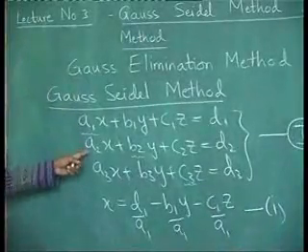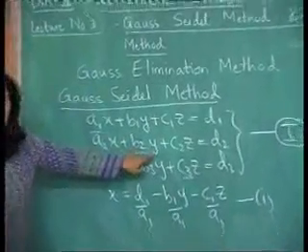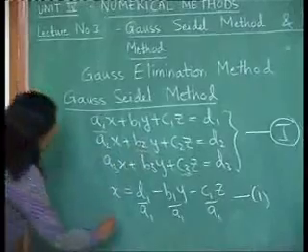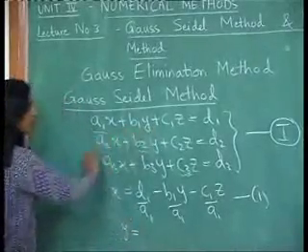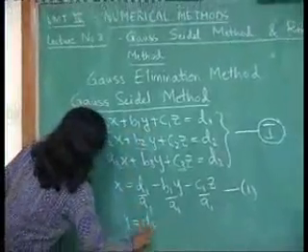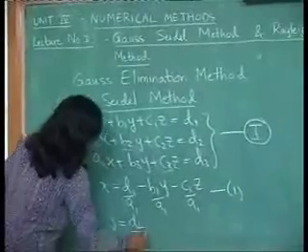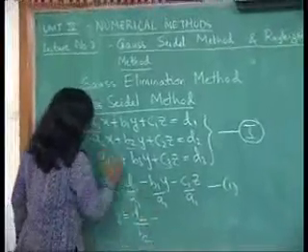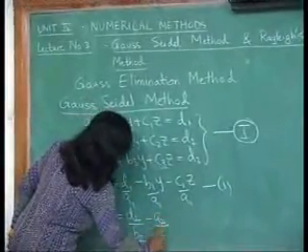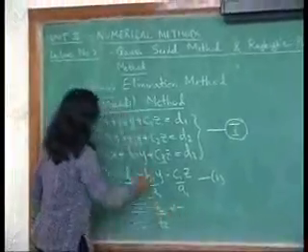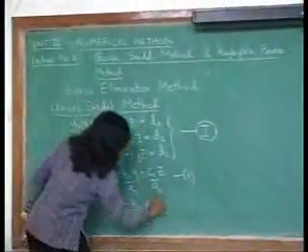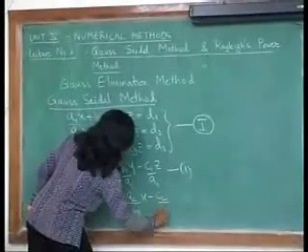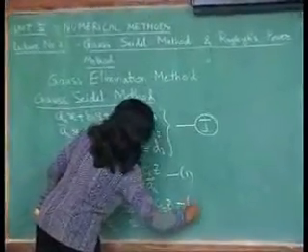Similarly, in the second equation, I'll isolate y. I'll keep y to one side and transfer everything else to the other side. So I get y equal to D2 upon B2 minus A2 upon B2 x minus C2 upon B2 z, equation 2.